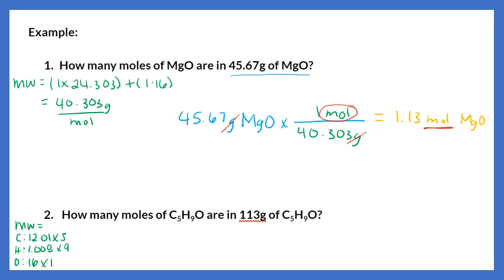We add all that together, so 12.01 times 5 plus 1.008 times 9 plus 1 times 16 equals, let's see, 12.01 times 5 is 60 plus 1.008 times 9 is 9.072 plus 16.